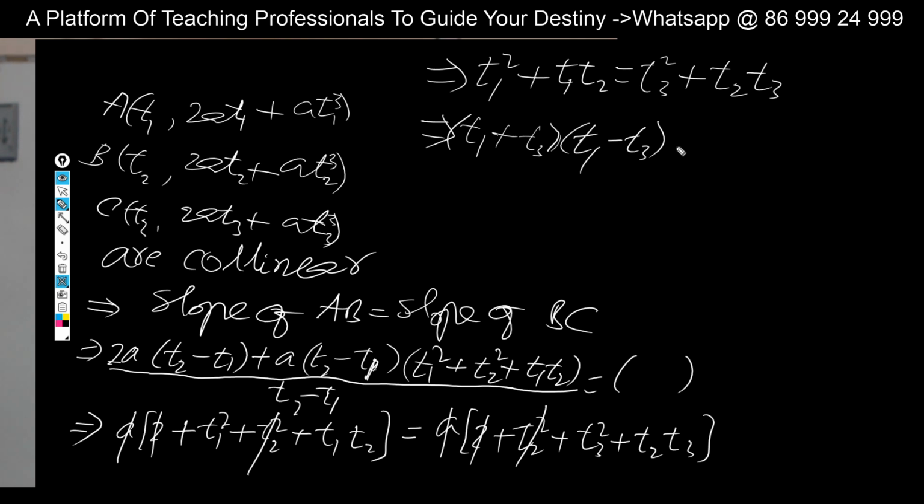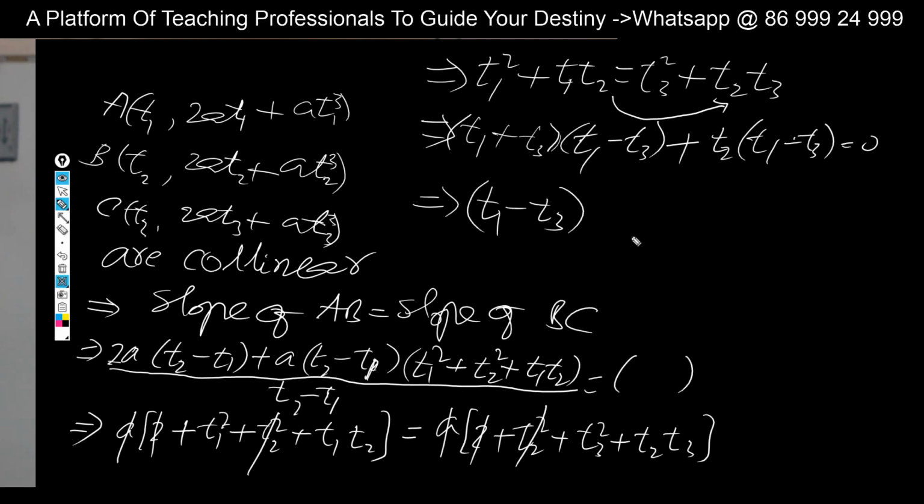Plus, in these two, what do you get common? t2 you'll get common. So take t2 common. What do you get? t1 minus t3. Just observe, you got t1 minus t3 common. And what do you get in the brackets? t1 plus t3 plus t2.